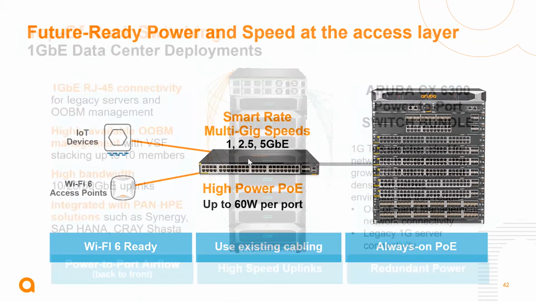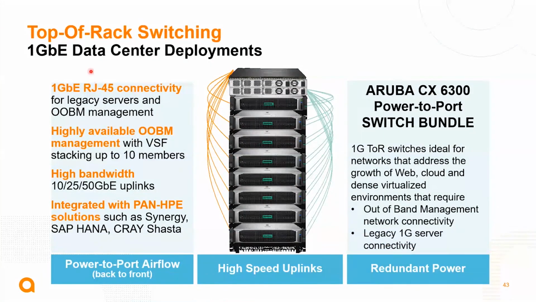Also, as mentioned, we can leverage this model for our access switches to be top of rack switching, for 1 gig deployments, or even as out-of-band management. The advantage of this is we have what we call power to port airflow, or back to front. If you notice, the switch is facing backward, so it's easier to wire our servers there, because the ports of the server are also at the back.